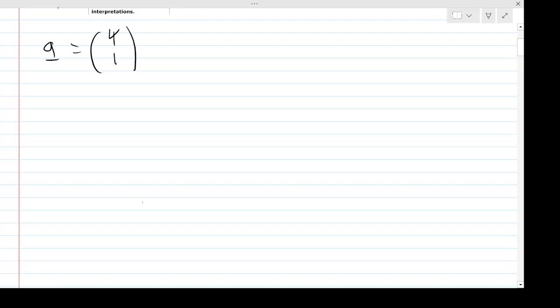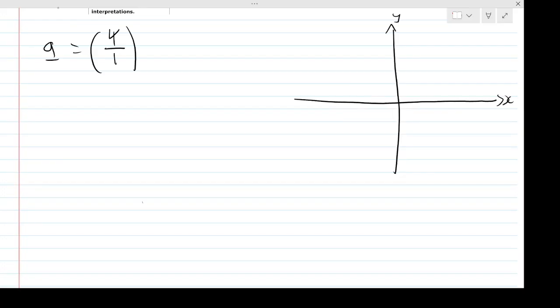4 then 1. Now, if we were to represent that vector on a grid, an XY axis, firstly, 4, the top number in the vector, is the X part, so that's going to be 4, like an X coordinate of 4, say that would be there.